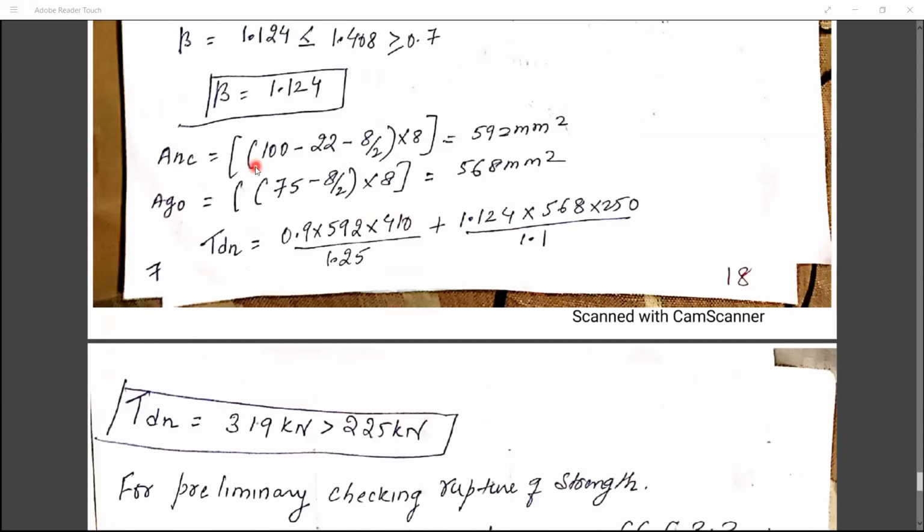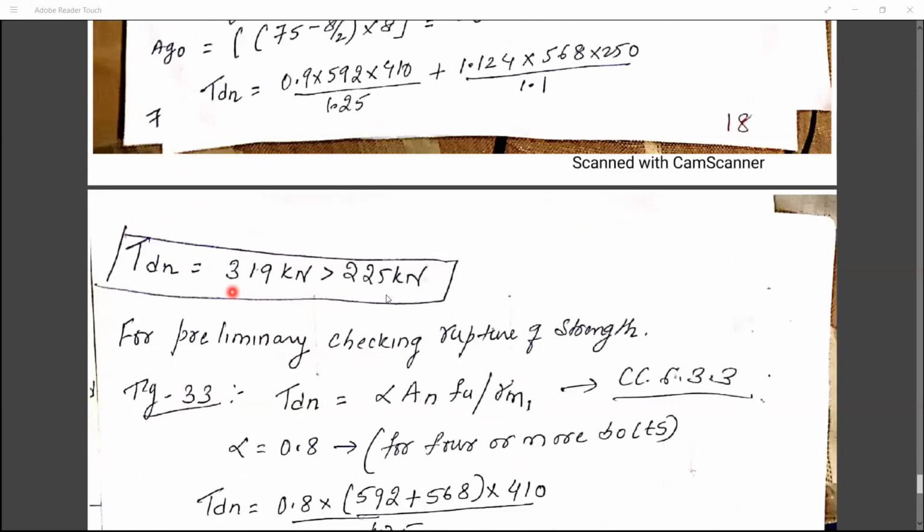Just watch this. Now if you substitute the values, 0.9592 into 410 by 1.25 plus 1.124 into 568 into 250 by 1.1. So the TDN value is more than this, so it is safe.